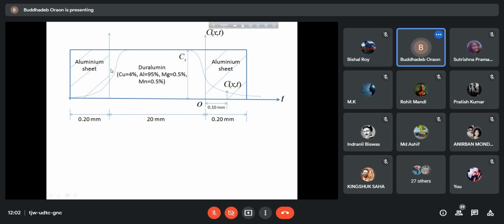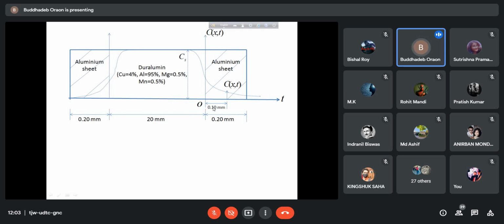So that is why aluminium sheet is provided on both sides to improve the corrosion resistance property. The thickness of the aluminium sheet given is 0.2 millimeter, and this is the schematic diagram.